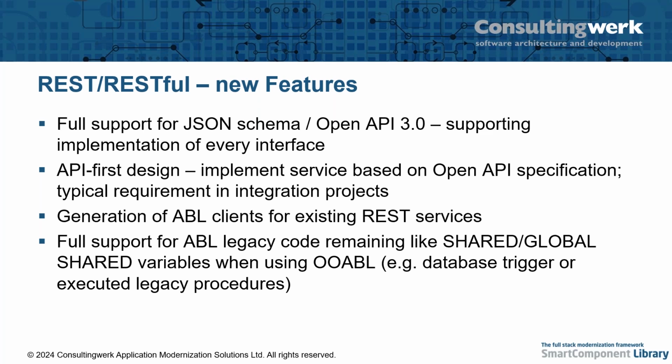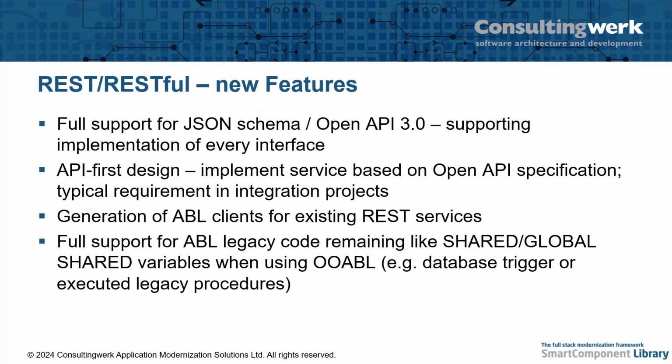Swagger was the old name of that tooling stack, and with version 3.0 the name has been changed to OpenAPI, but most developers still refer to the document as a Swagger file, even though the name Swagger officially isn't part of 3.0 anymore. So we can ask the other party, give us your Swagger file, and then we can generate an ABL client that's able to consume that API with a few mouse clicks.